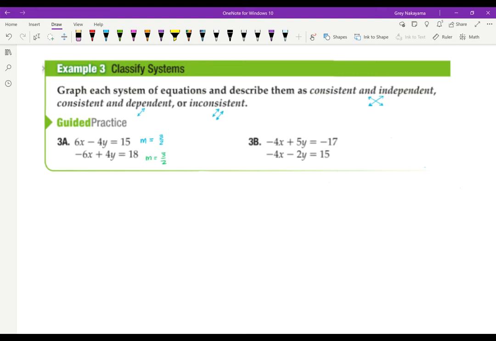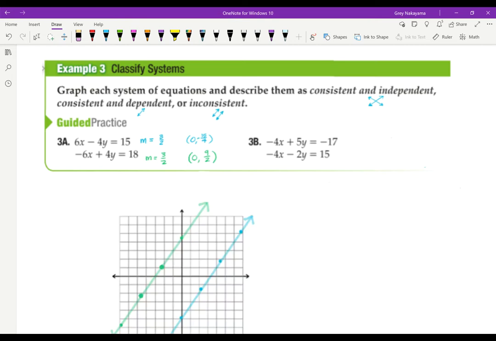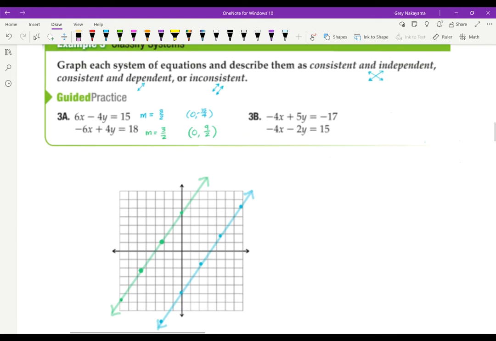So I have to go find the y-intercept. This one I'm going to have 15 over negative 4, negative 15 over 4. And this one I'm going to have 18 over 4, which becomes 9/2. So from there, they're clearly not the same. If you were to graph it, you should get that they do not intersect, and therefore the lines are inconsistent. Okay?